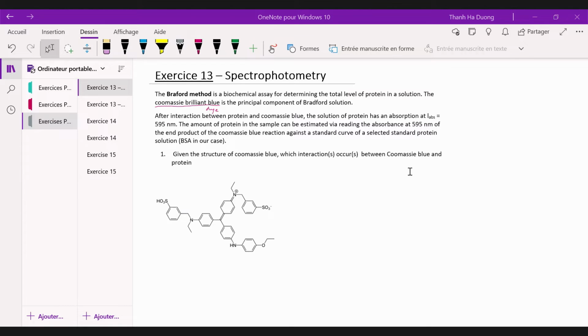The amount of protein in the sample can be estimated by reading the absorption at this wavelength of the end product of the Coomassie Blue reaction. Indeed, we need before to plot a standard curve of a selected standard protein, which is usually BSA, so it's bovine serum albumin.